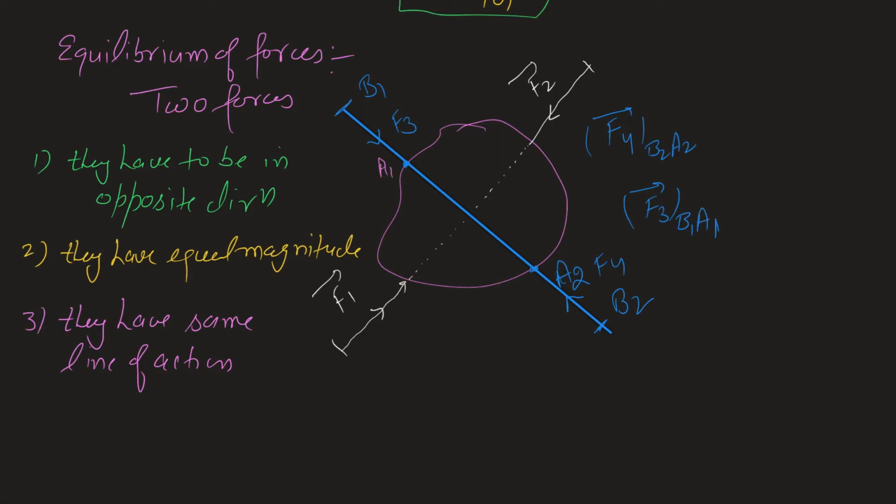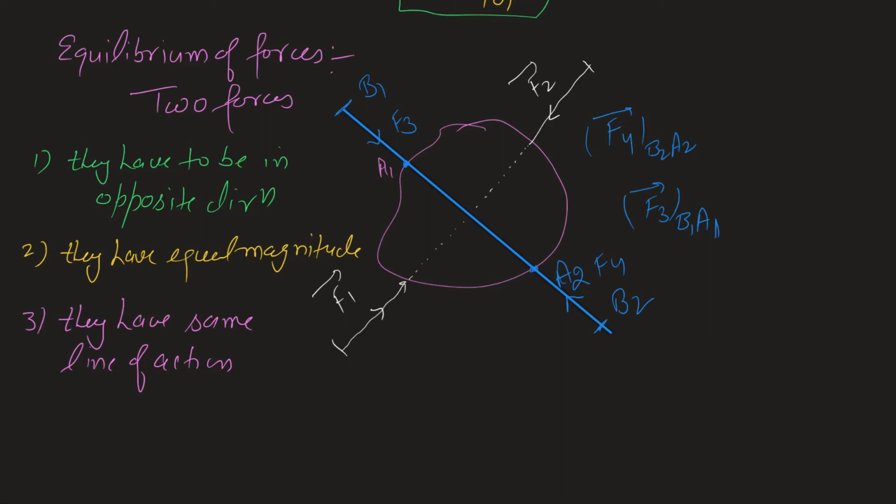So this is the force F3, this is the force F4, and these forces are acting in the opposite direction and their line of action is same. So I can say that both the forces are in equilibrium.